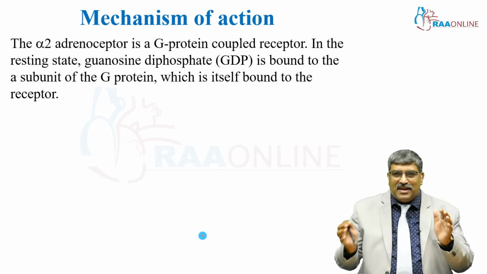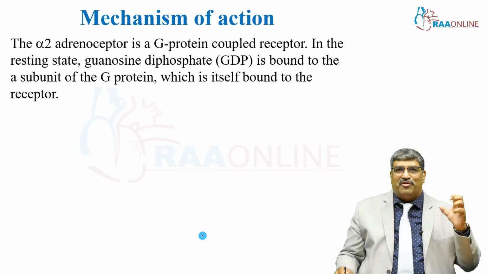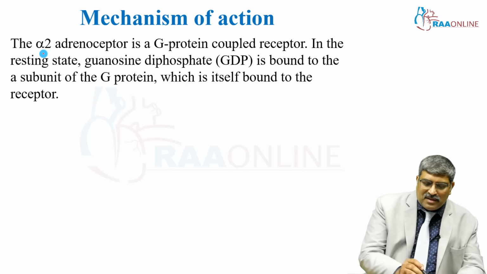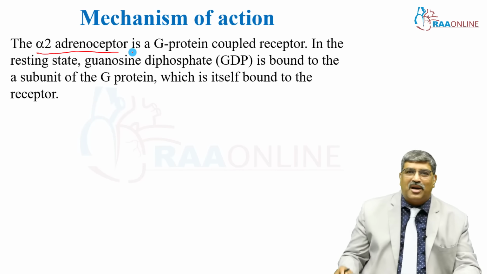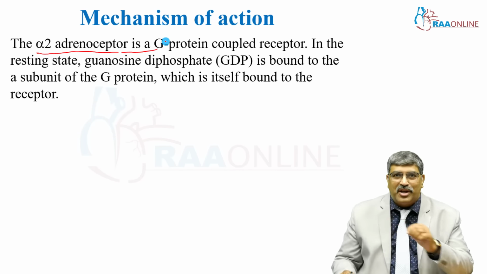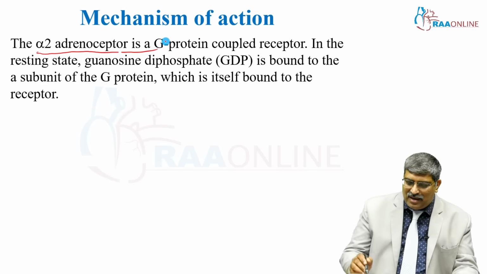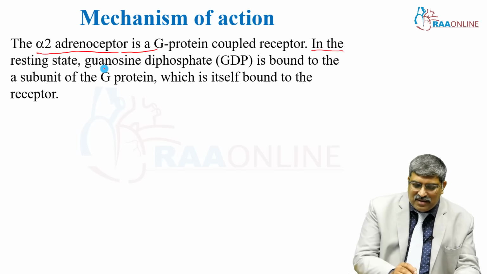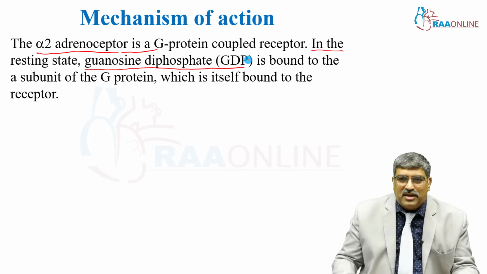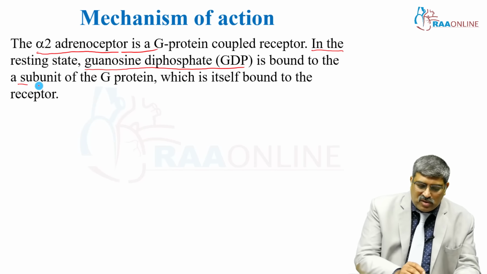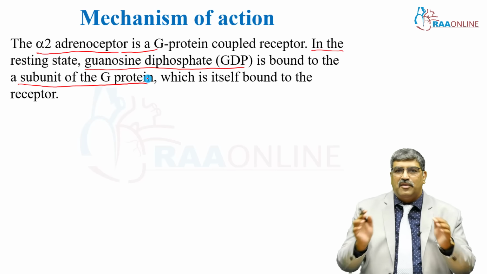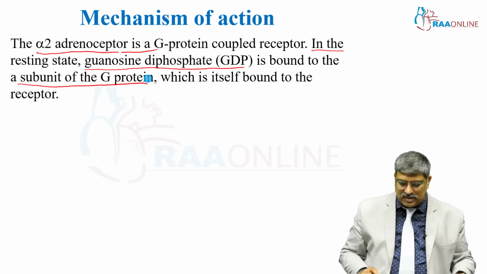And coming to the cellular level action of dexmedetomidine, the alpha-2 adrenoreceptor is a G protein coupled receptor. Normally in the resting state, GDP, the guanosine diphosphate, is bound to the alpha subunit of the G protein, which is itself bound to the receptor.